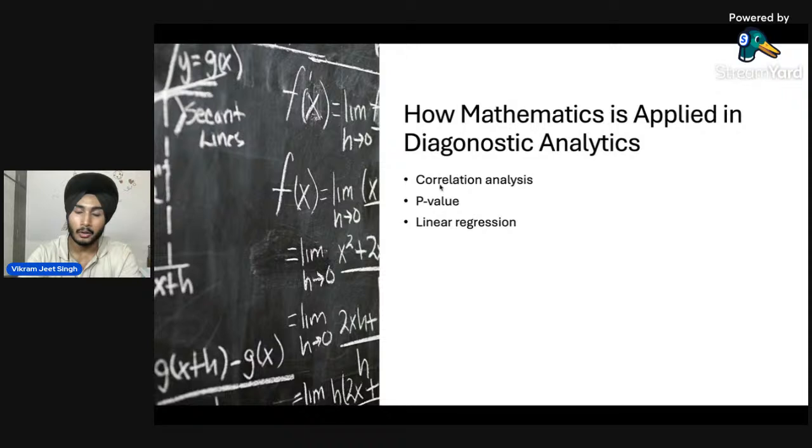But okay, so this is how the correlation analysis works. Let me present my screen. Yeah, this is the best way to present.